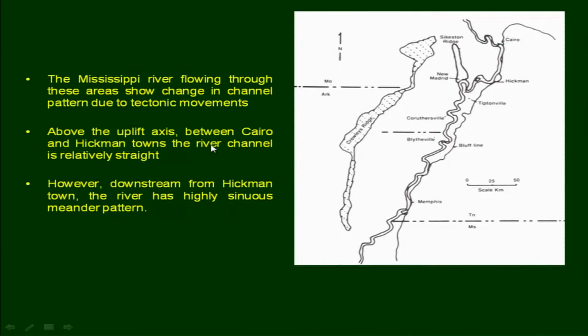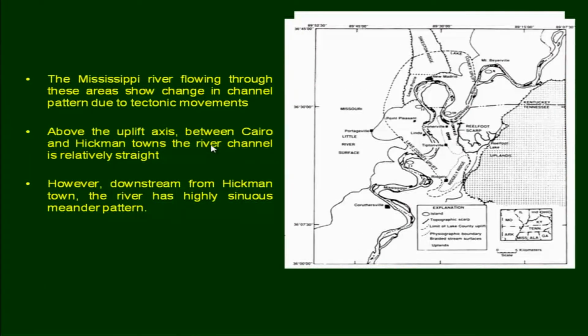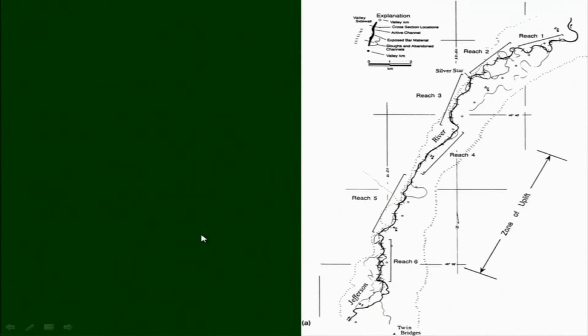This is one of the important points which you should note down: the change in the elevation, or you can say the relative gradient within the channel or the river bed, will affect the channel pattern. So this is very important. Now this is again the same area, showing the sinuosity pattern in different portions.